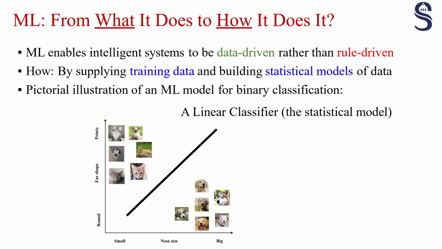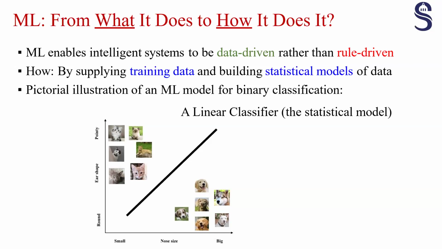As I said, if your model is trained with good data, meaning data which has lots of information about similar types of data, and it builds a statistical model, definitely that model is going to perform better compared to any other model which has not been trained with good data, right?